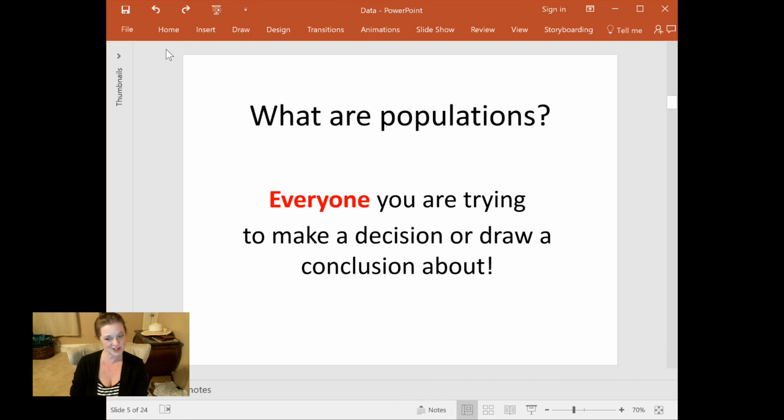So what is a population? Everyone you're trying to make a decision about or draw a conclusion about when you ask a research question. And as a researcher, you are the lord of your lab. You get to decide who you want to ask a question about. And so it becomes your population of interest, the population you are interested in.